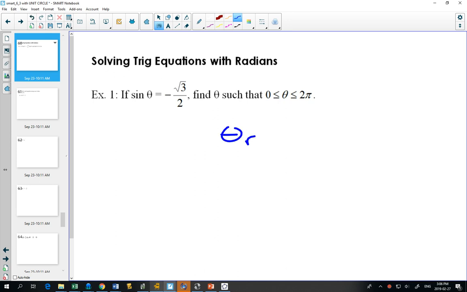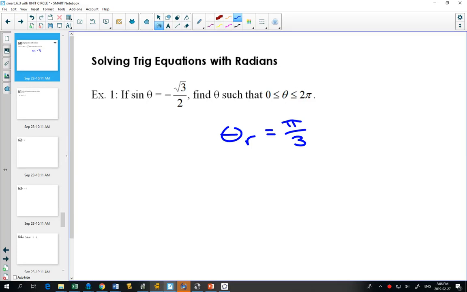And if sine is your y-coordinate, what family do you have a y-coordinate of negative root 3 over 2? It's your pi over 3 family, or 60-degree family.